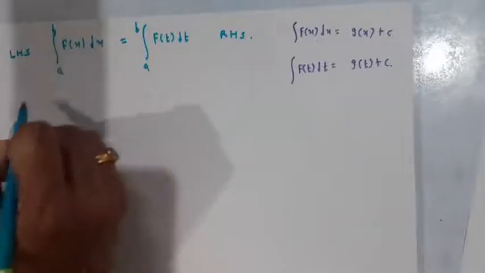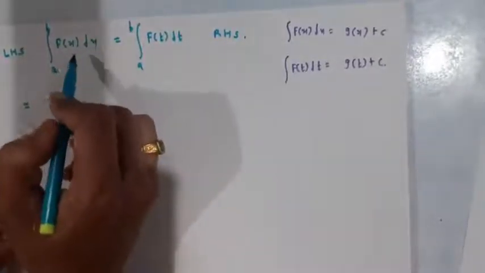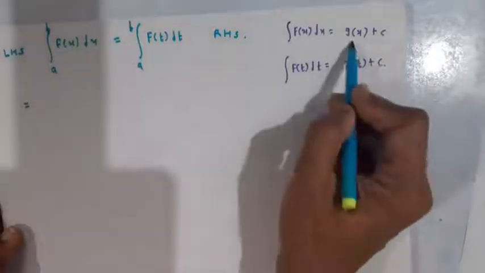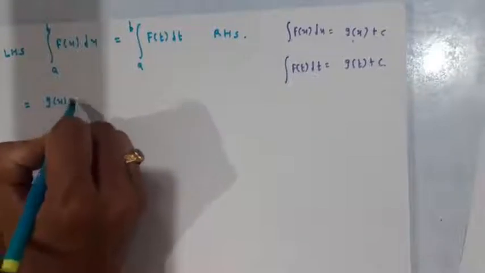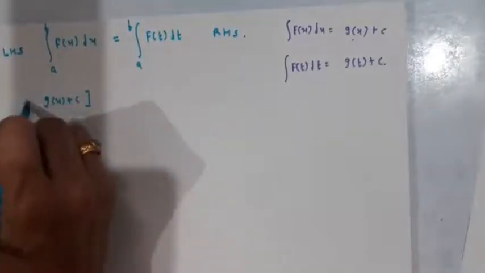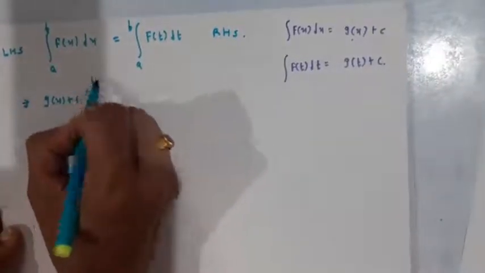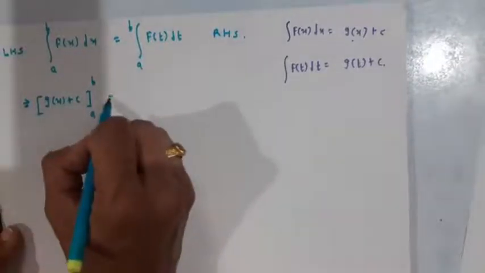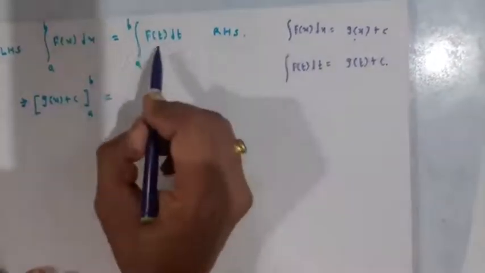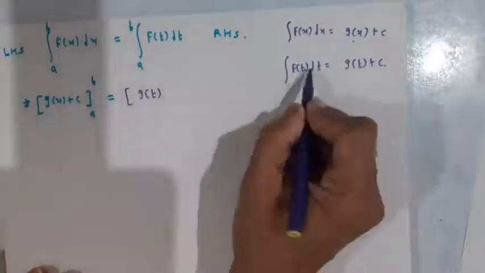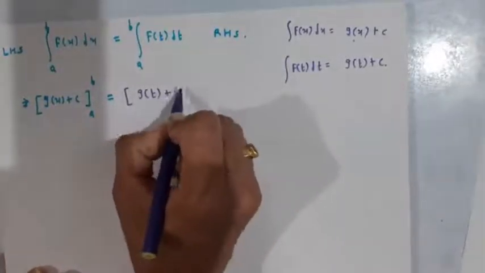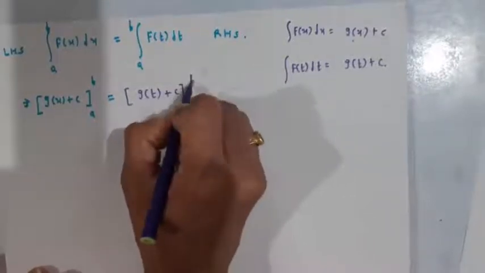Now the integration of f of x is g of x plus c, so it is g of x plus c with limits a to b. And this is equal to the integration of f of t, which is g of t plus c, with limits a to b.